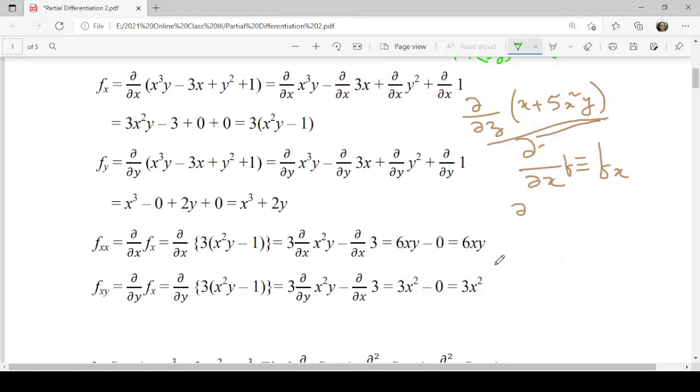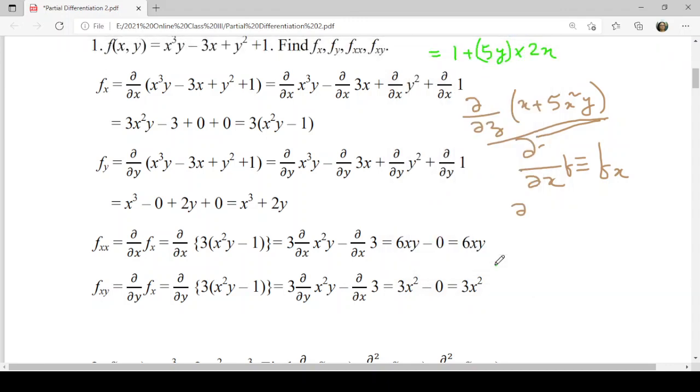Suppose your y is equal to, say, sine of twice x. Then your dy dx, or you may write y1, this dy dx, is 2 cos of twice x.